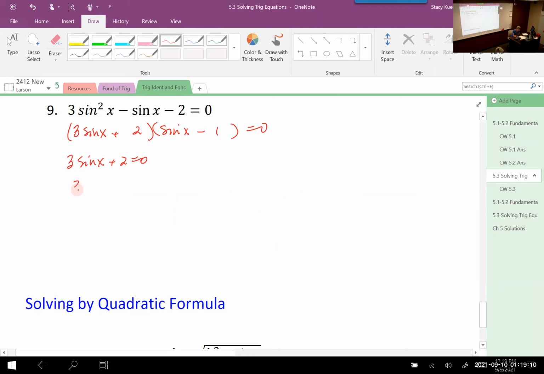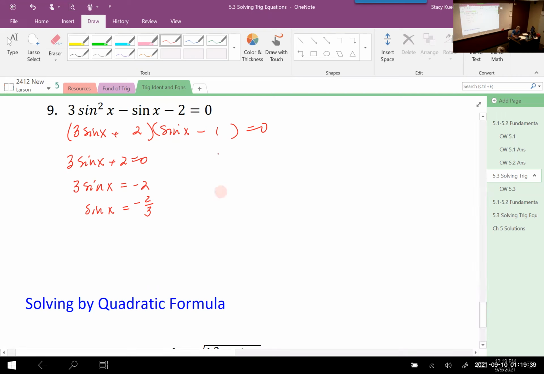Subtract 2, I would get 3 sine x is equal to -2. Divide both sides by 3. Sine x is equal to -2/3. Do I know a value off the unit circle that gave me 2/3? No. Then this is a calculator question. We'll work on it in a minute, all right?